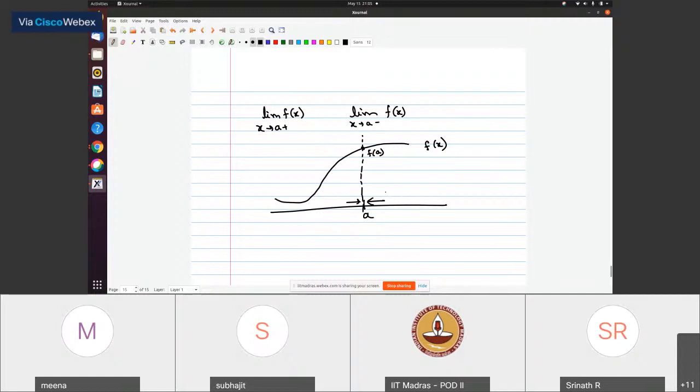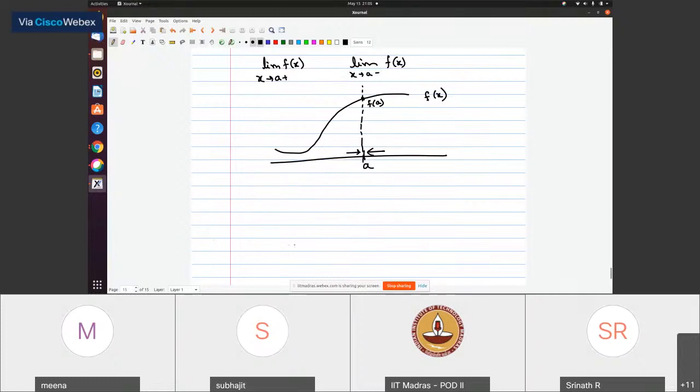So the limit of that function at x equal to a will exist only if these two limits are equal. Otherwise we will arrive into the case of discontinuity, suppose this and this. Suppose I am approaching a from the left side, then I am getting towards this value, and approaching a from the right side, I am getting this value.